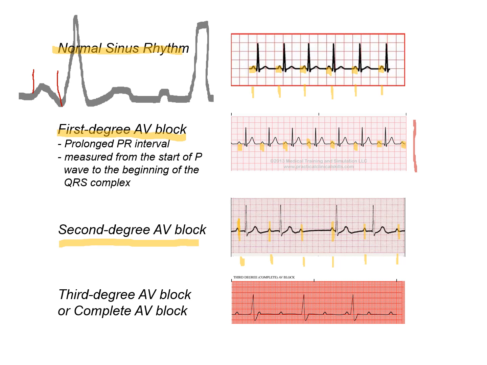If that gets worse and the delay is extended further, sometimes the depolarizing signal coming from the SA node never gets through the AV node. And so that's a third degree or complete AV block.